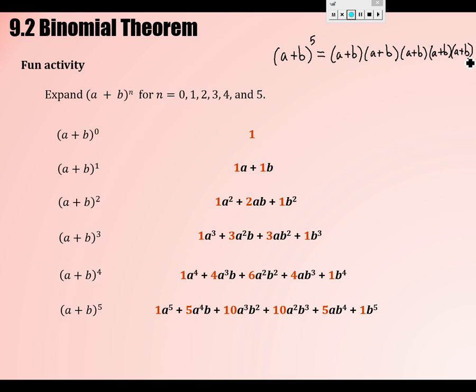So let's ask first: how many ways are there to form an A to the fifth? How many ways could I choose an A from each of these? There's only one way to form the product A to the fifth, by picking an A from each set of parentheses. How many ways are there to pick 4 A's and a B? I could pick this A, this A, this A, and this A and choose that B, for example.